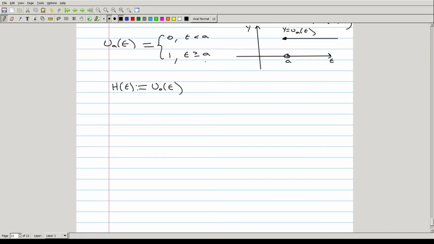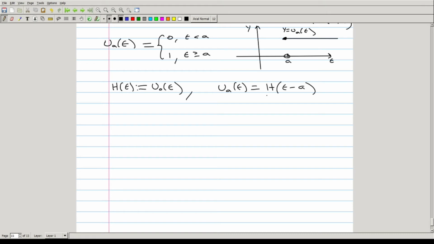So the Heaviside step function is when a is 0, and what's interesting here is that you can always write a shifted function: the unit step function ua of t is going to be the Heaviside step function evaluated at t minus a.